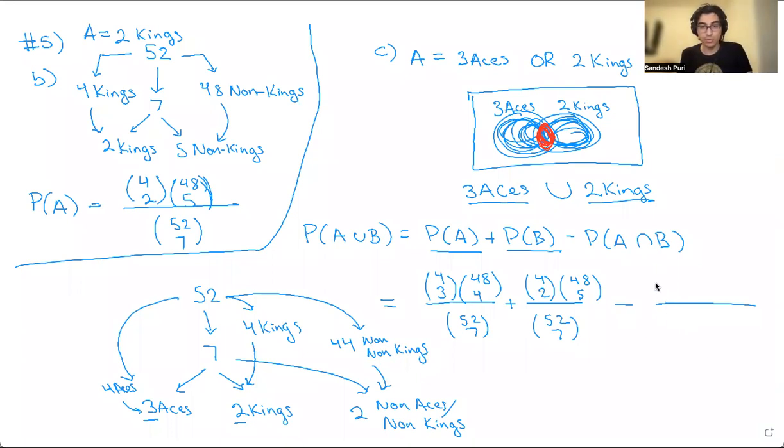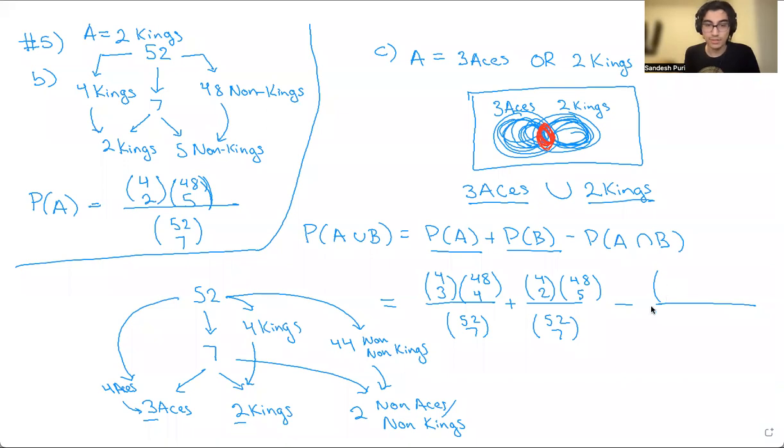We can write this probability out. So remember, we need 3 aces, we need 2 kings, and we need 2 non-aces, non-kings. If all of these occurrences have to occur at the same time, we have to multiply their combinations together.